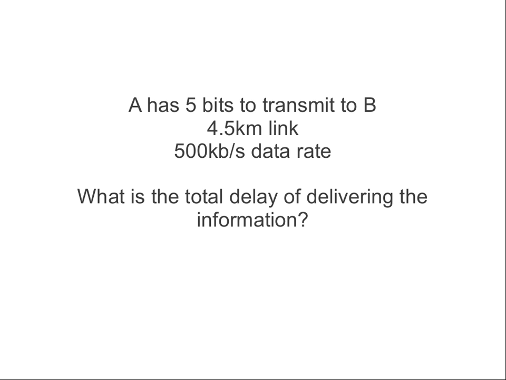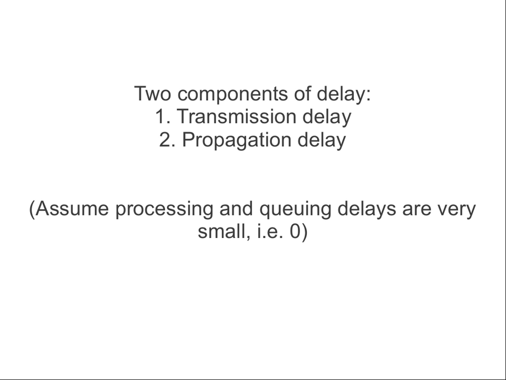So we'll go through this. It will demonstrate the concepts again of the components of delay, and especially propagation and transmission delay. This question we're focusing on just 2 of the 4 components of delay. There are 4, which are transmission, propagation, processing and queuing.